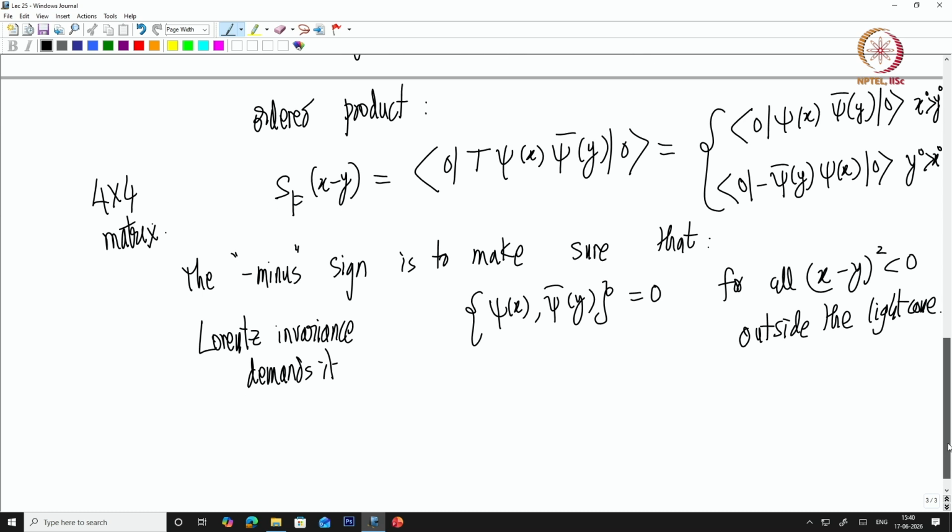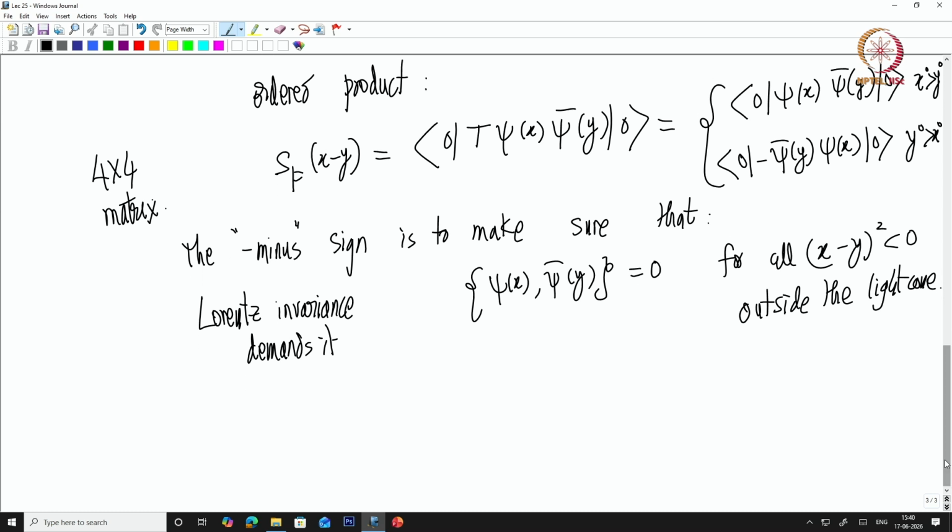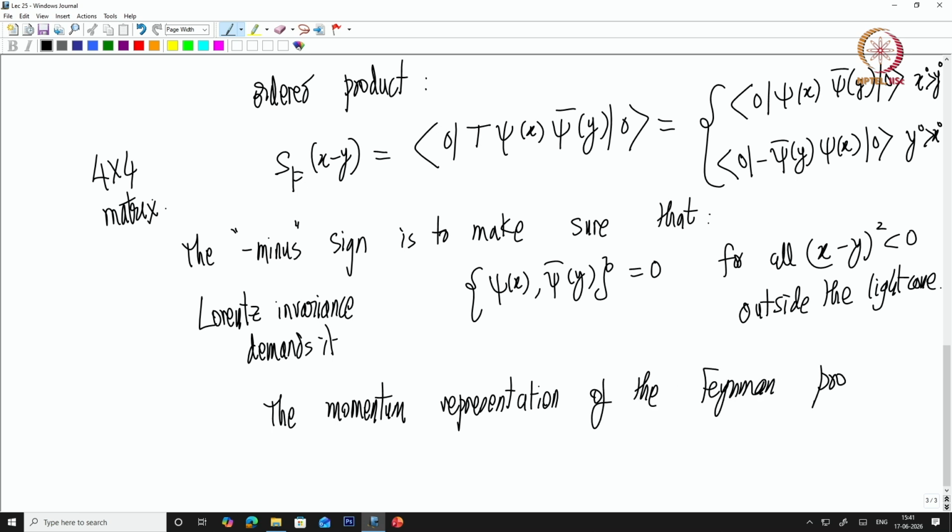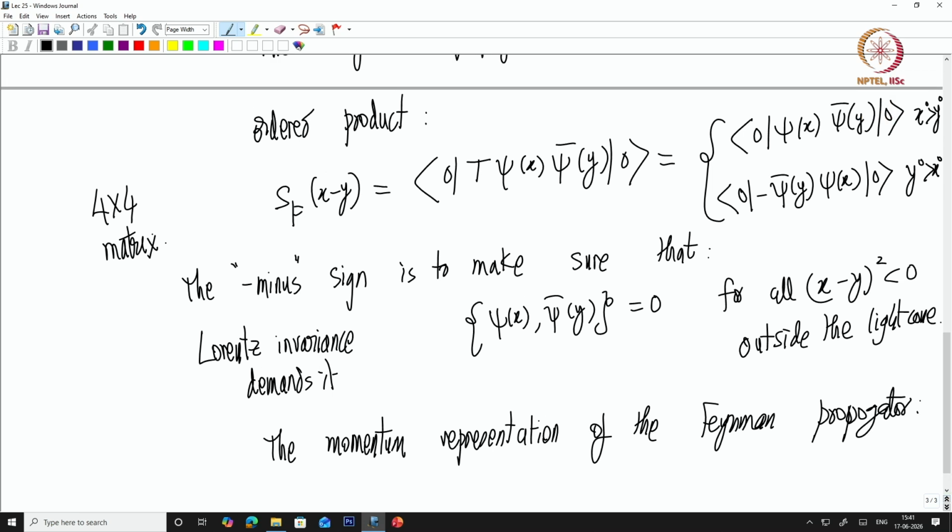Now it is instructive to look at the 4 momentum integral representation of the Feynman propagator. So how is this given?